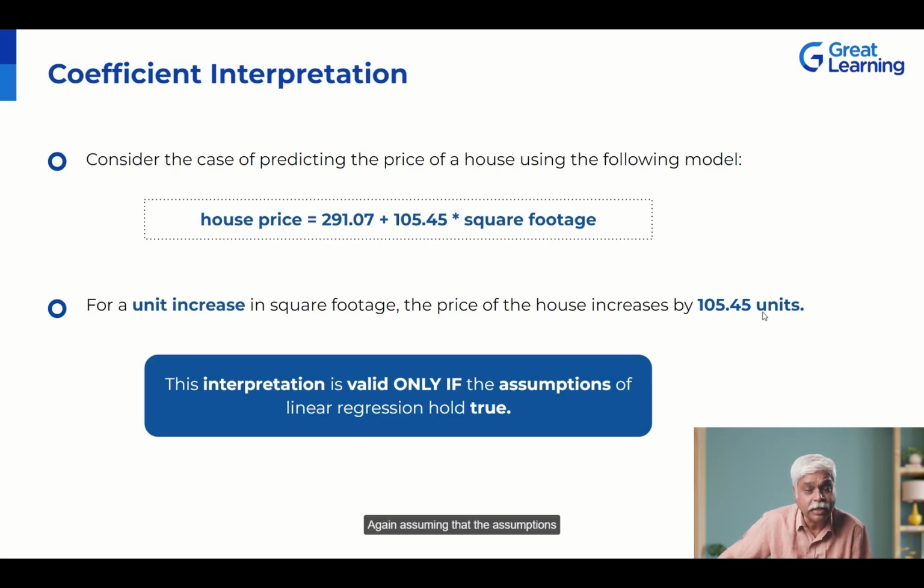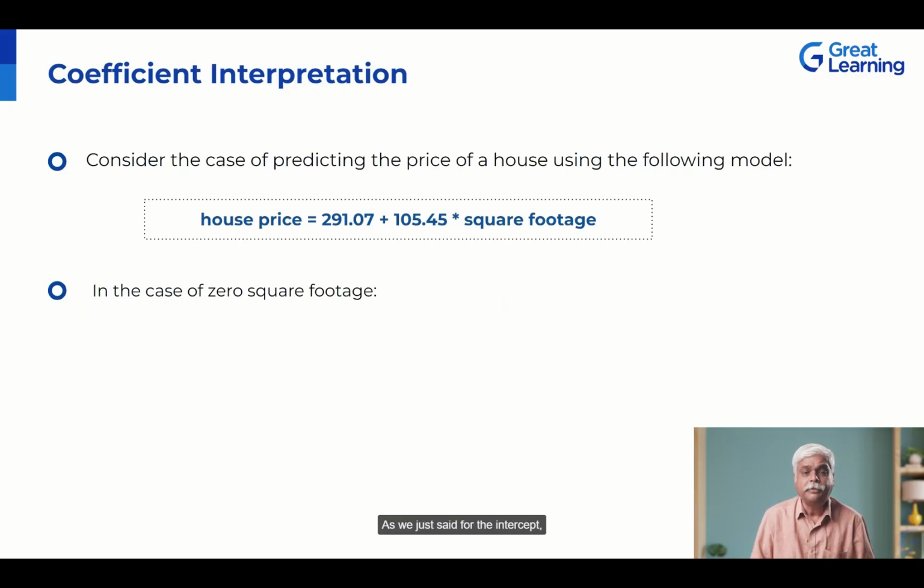Again, assuming that the assumptions of linear regression are true. So it isn't always the case that all the coefficients are meaningful, but it still tells you to what extent average house pricing is going to depend on square footage if I have no information on the other variables, or if the other variables are averaged over. Many ways to think about that. But that is what that 105.45 means.